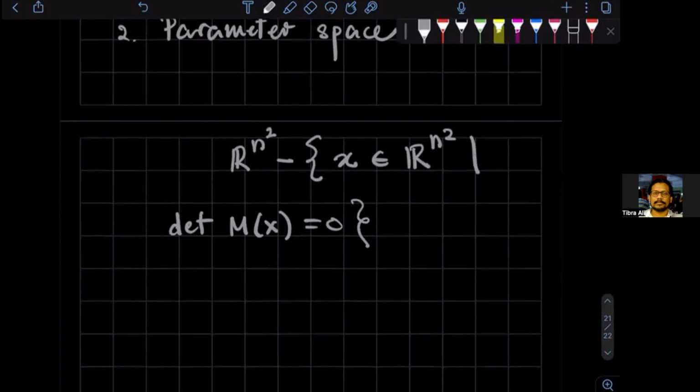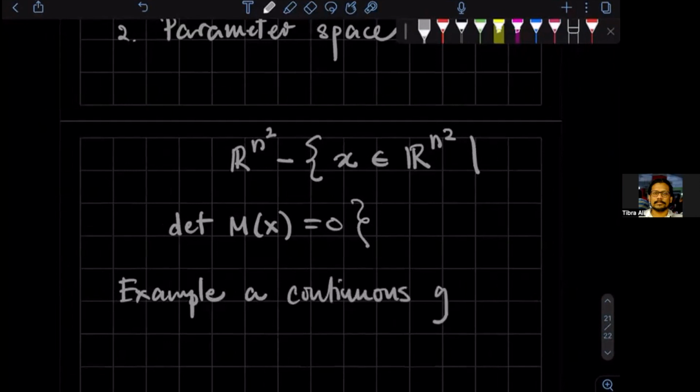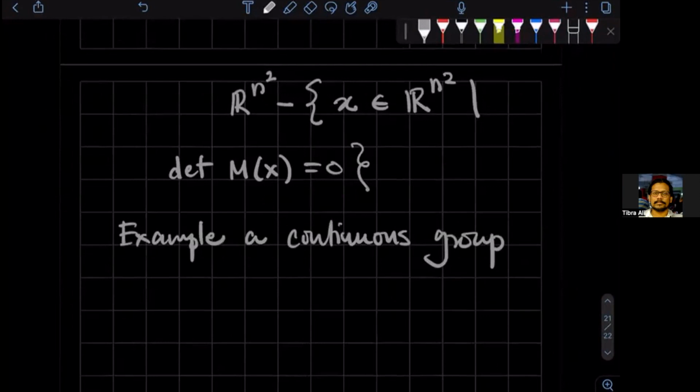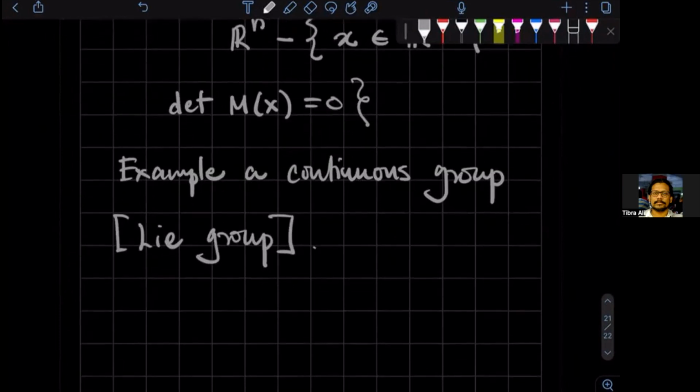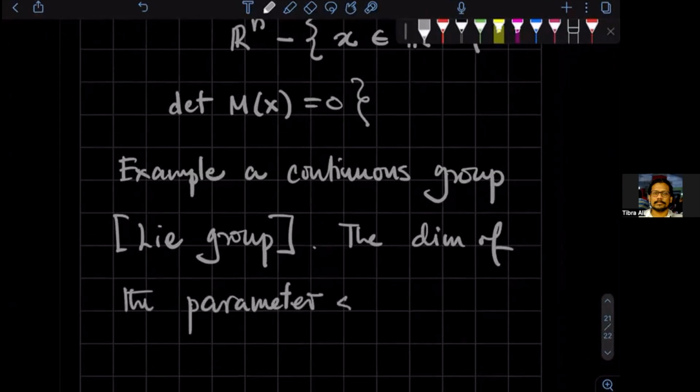And by the way, this is the dimension. So this is an example of a continuous group, which is also known as a Lie group. And I'll introduce the concept later formally, but the dimension of the parameter space is called the dimension of the group.